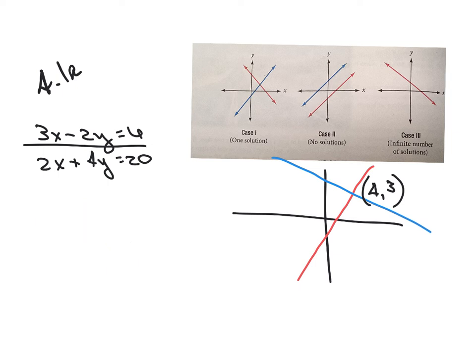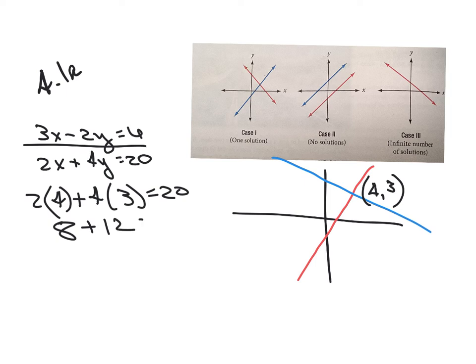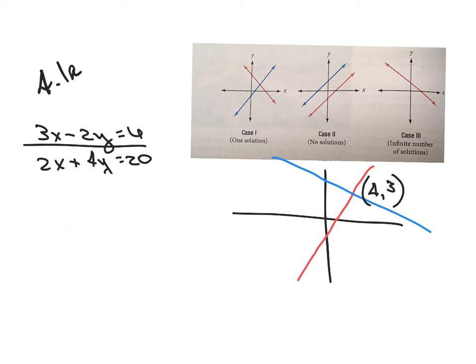Let's put those values for x and y in the bottom equation. So 8 plus 12, does that equal 20? Yes, it does. So see what happened there is that the x and y value, 4, 3, where the lines cross, that's what they have in common.